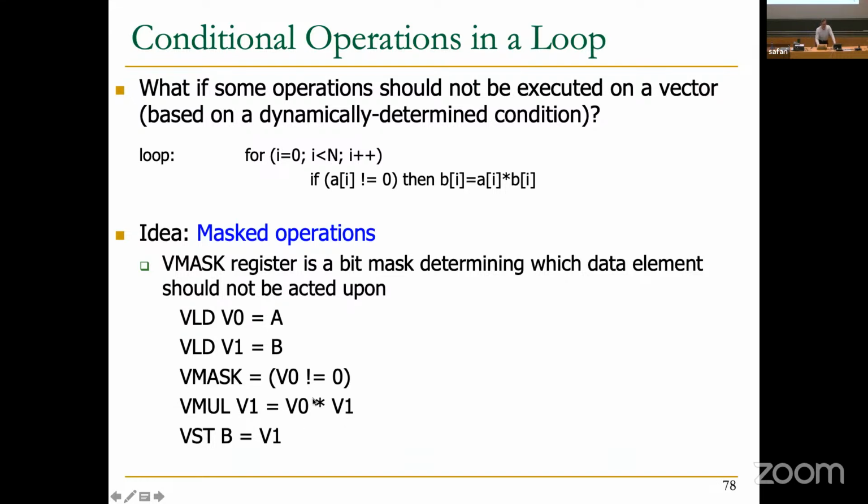So for example, when you do this vector multiply, only the elements for which the mask bit is set actually update the corresponding elements. Makes sense, right? For all of those elements where the mask bit is not set, the multiply doesn't take effect.